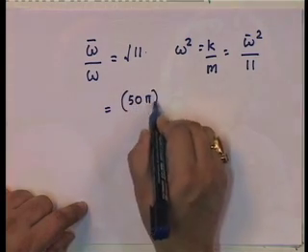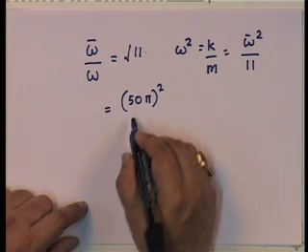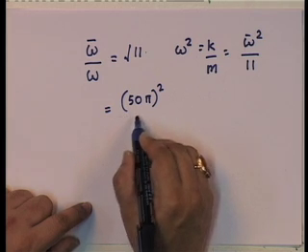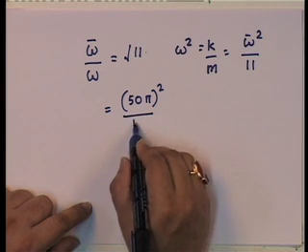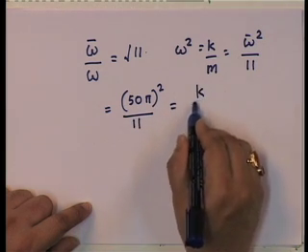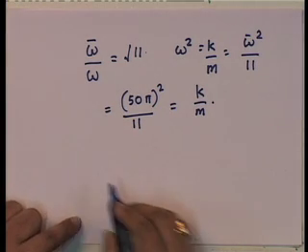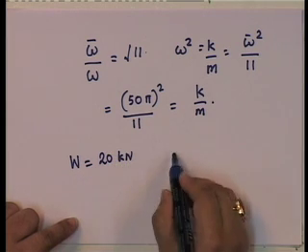So, this squared upon 11 is equal to k upon m. Now, what is m? We have given weight is equal to 20 kilonewtons.